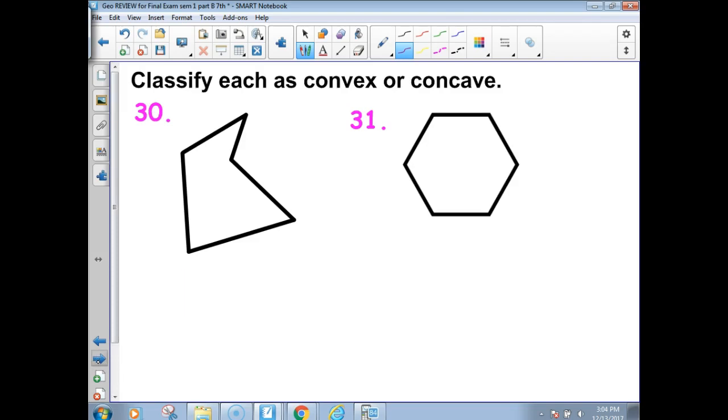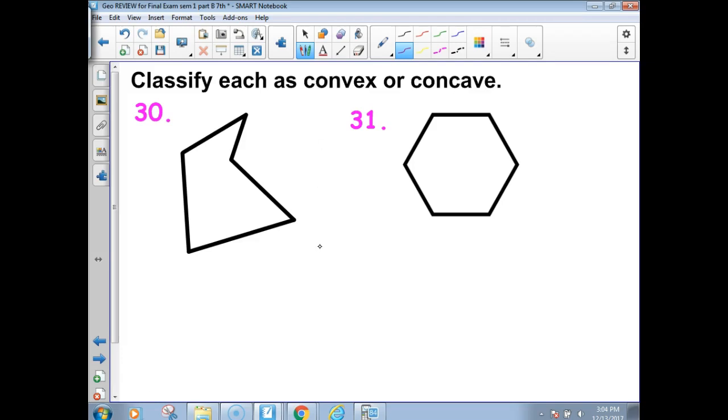All right, and then convex, concave. I kind of discussed with you what the formal definition was, which you probably do not remember. What I would think you probably remember is that concave is dented in. Is that what you remember? Convex is not dented in.